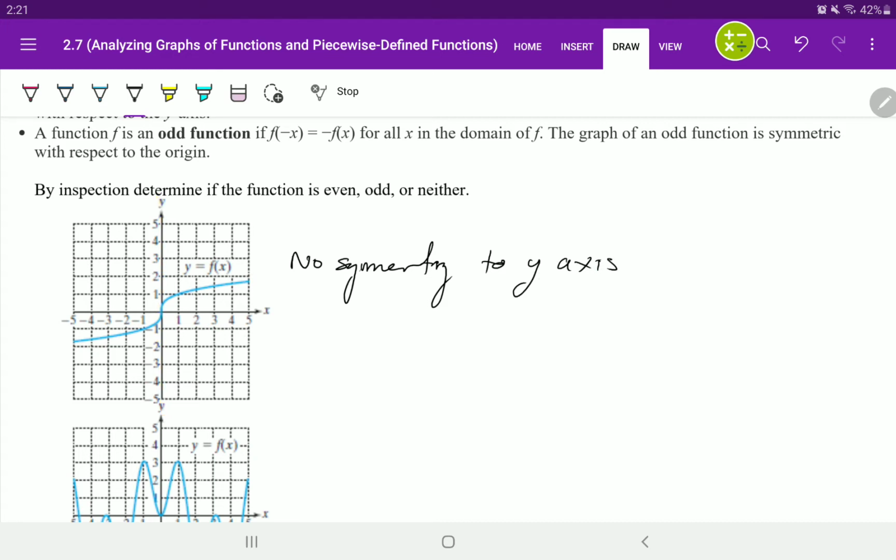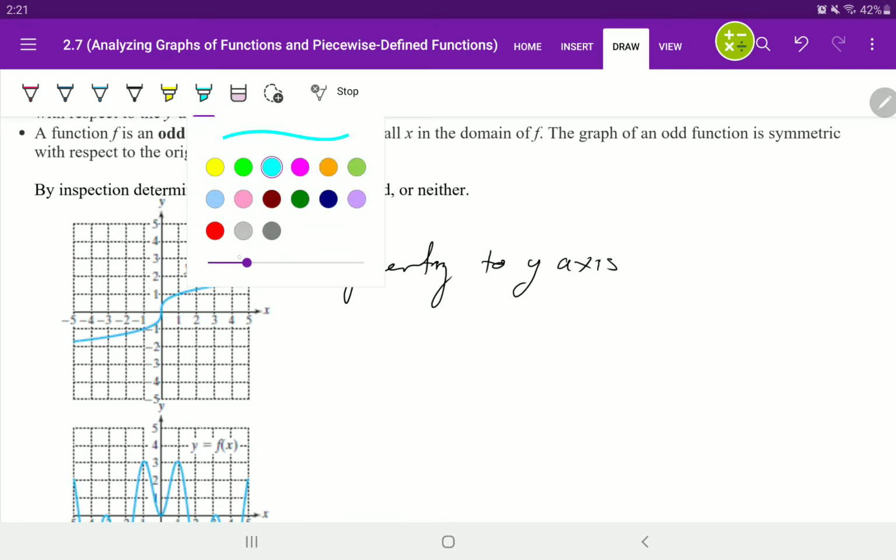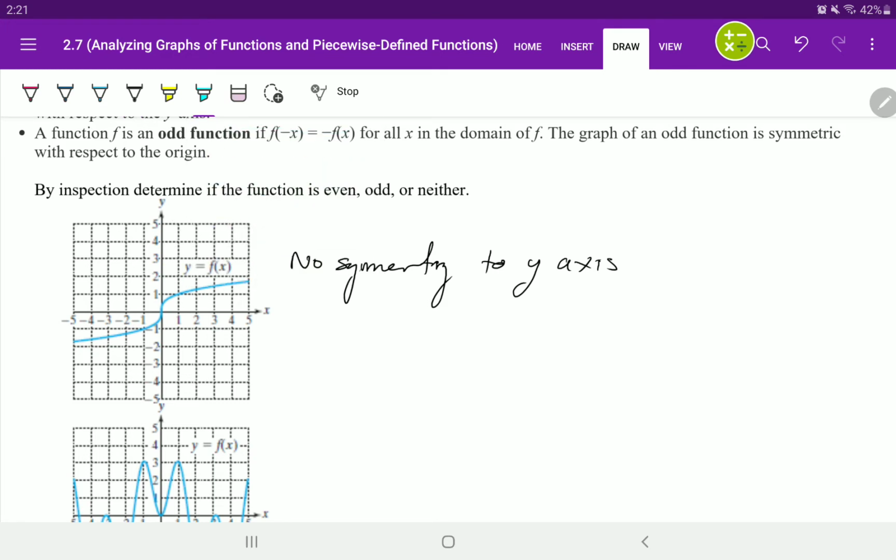We're done. Now what we want to do is see if there's symmetry with respect to the origin. When it comes to the origin, you're going to draw a diagonal line through the origin. Doesn't really matter which way. Now we want to determine if the function on top will look like the function on the bottom. If you want to, you can turn your screen or your paper 180 degrees, and it has to look the same.